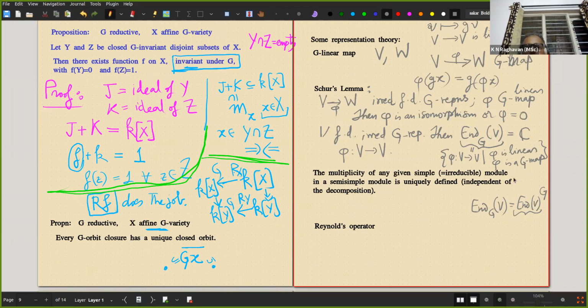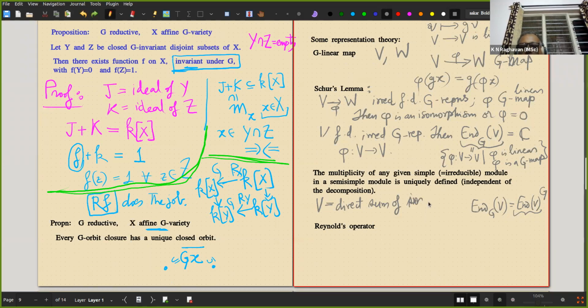And one more thing is that the multiplicity of any given simple, which is just another word for irreducible, module in a semi-simple module is uniquely defined. In other words, if you have a representation and suppose it is semi-simple, which means you can write it as a direct sum of simple representations, of irreps.